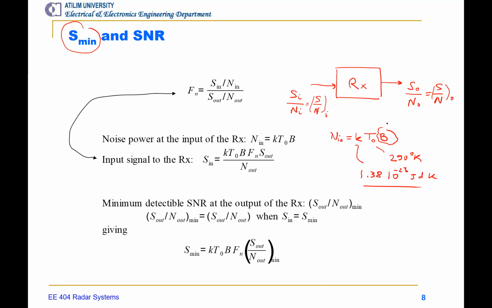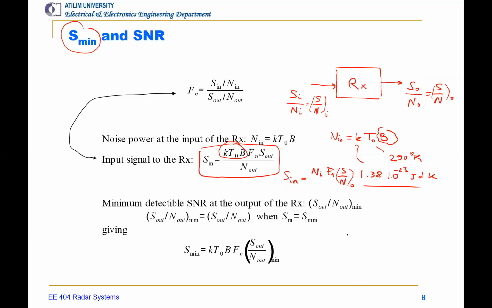Now, we can write the input signal power as the noise power times the noise figure, times S over N output.